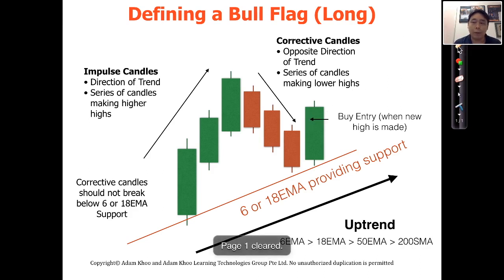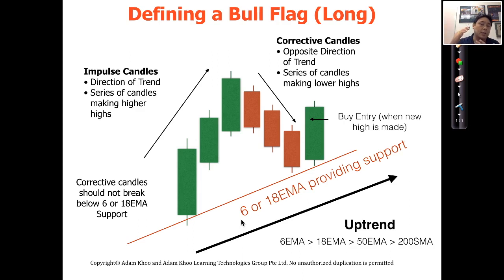Now, what's very important is that we want to enter when the corrective candles are pulling back towards the 6 or 18 moving average. So which one do I want to look at? The 6 or the 18? It depends. If it's surfing the 6 moving average, touching and going, we want to see the corrective candles go back to the 6 and we enter at a new high.